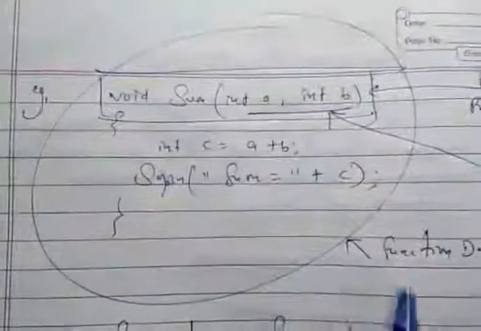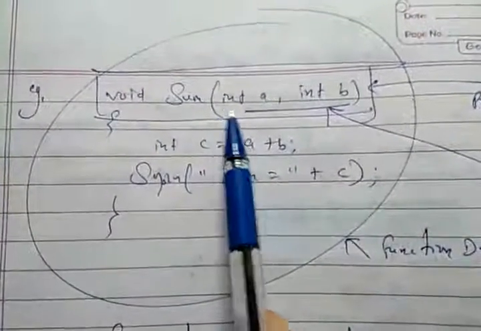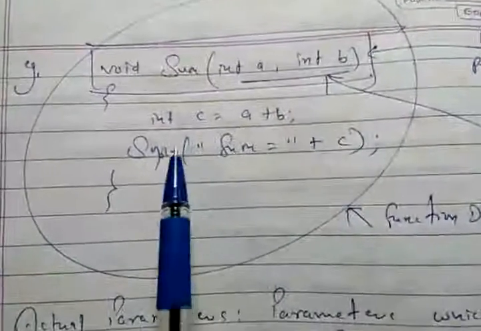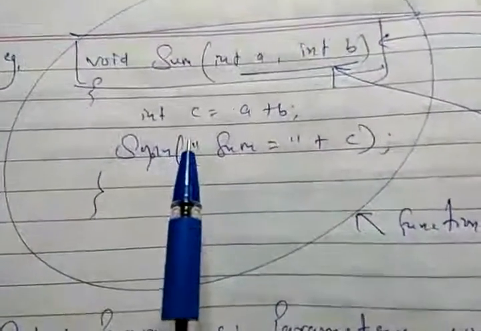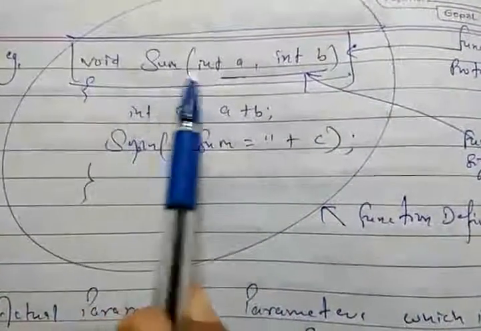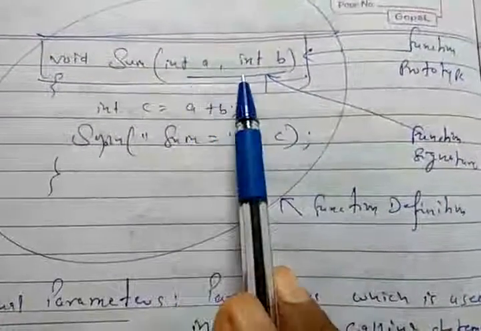Let's understand all these with the help of one example. This is a function void sum, with parameters int a, int b, and this is the definition of that. We have to calculate the sum of two numbers. So this total function is called a function definition, where the first line in the rectangular shape, void sum(int a, int b), is the function prototype, and inside the parenthesis there are the parameters.